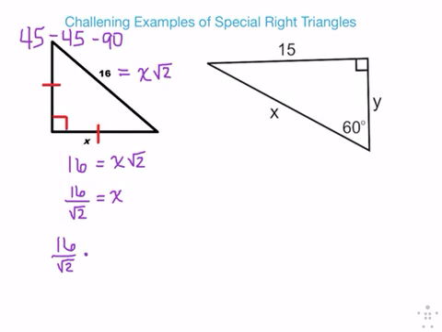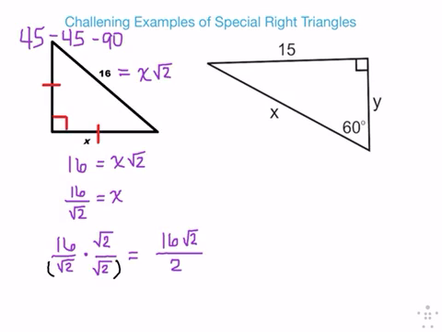So we're going to multiply by the number 1 because we're not changing the value of the number. If we multiply by the square root of 2 divided by the square root of 2, that allows us to eliminate the square root in the denominator. So now this becomes 16 times the square root of 2, but in our denominator we have the number 2.